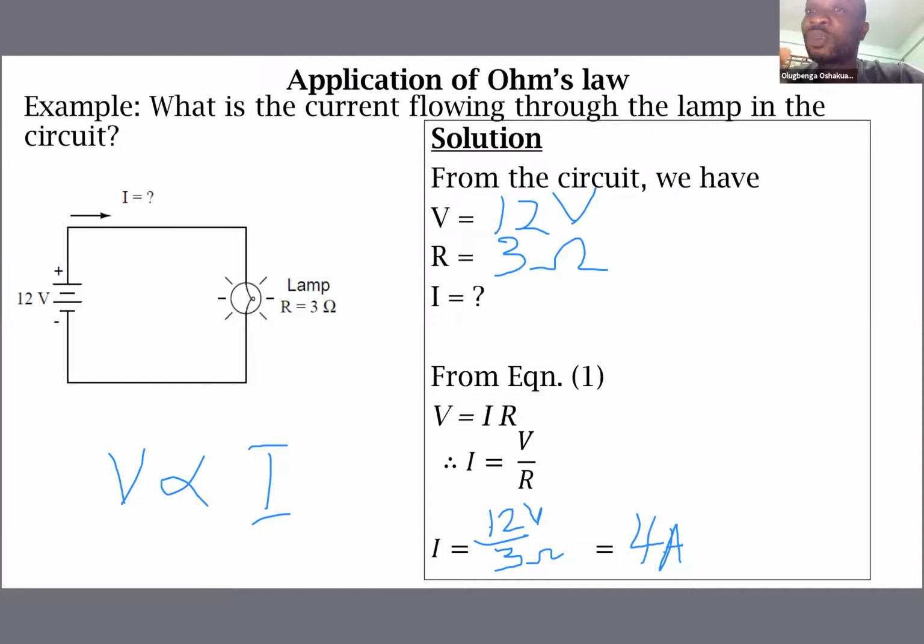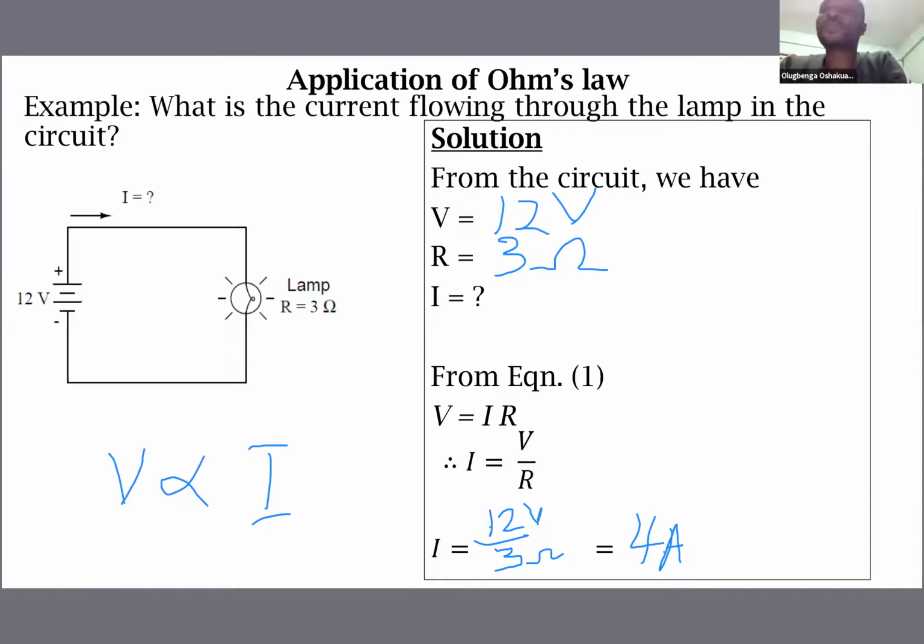The ones rated 100 watts will be brighter than the ones rated 60 watts, because larger currents flow through the 100-watt bulbs, meaning they have lower resistance compared to the 60-watt ones.